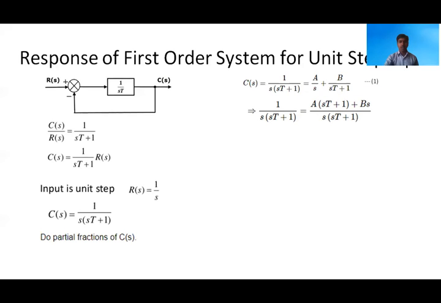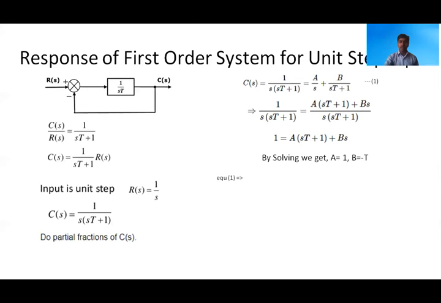Now compare the numerator terms, because denominator terms are equal, numerator terms must be equal. So 1 is equal to A into sT plus 1 plus Bs. Now on both sides equate s terms and constant terms. There you will get A is equal to 1 and B is equal to minus T.